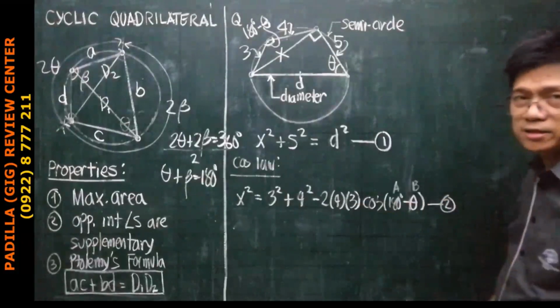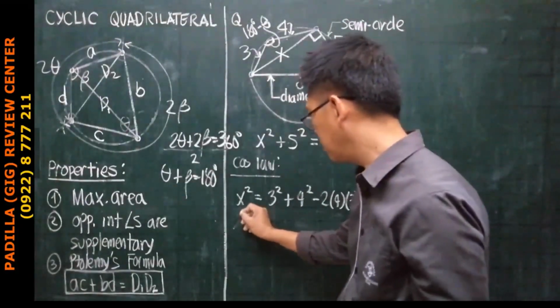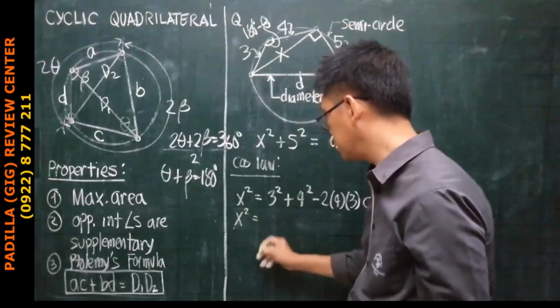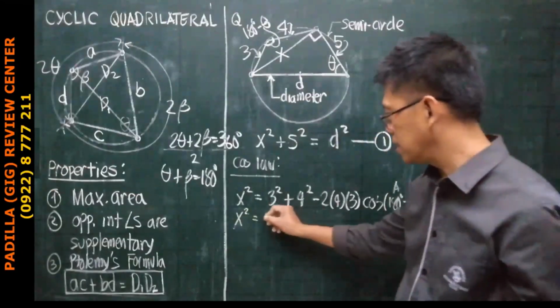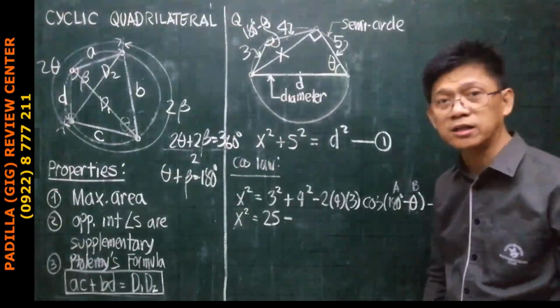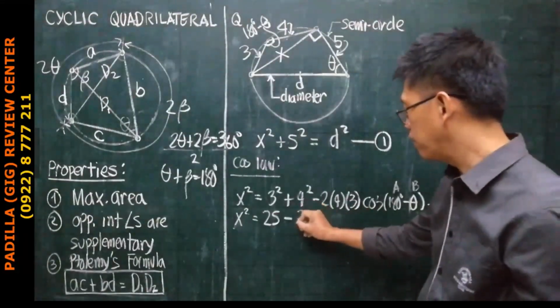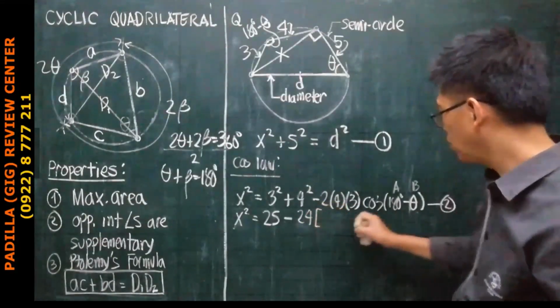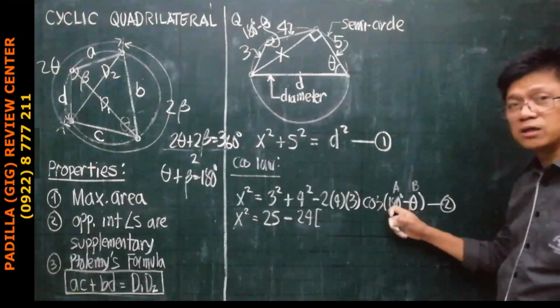Let me simplify this. I have here x squared is 9 plus 16, 25, minus 2 times 4, 8, times 3, 24. This is cosine of difference of two angles.